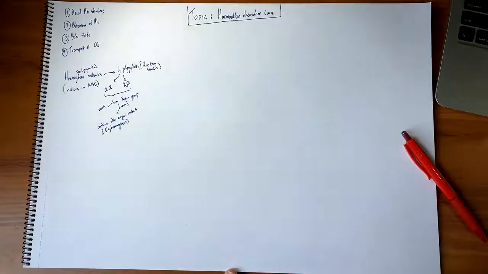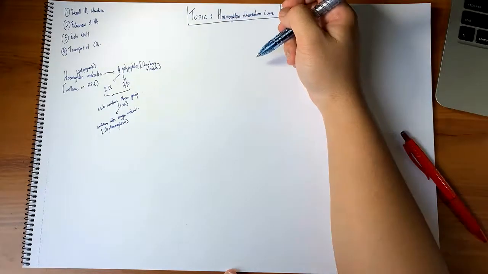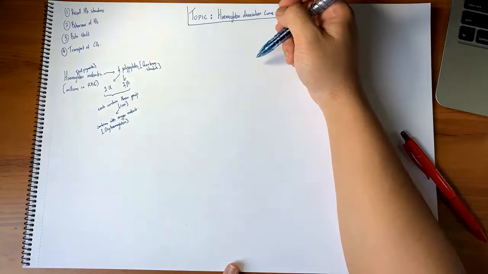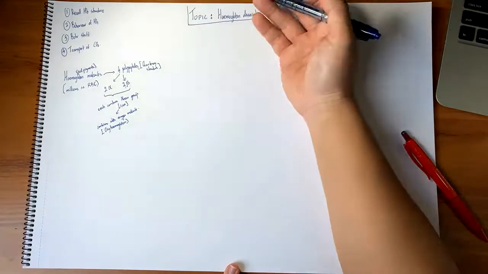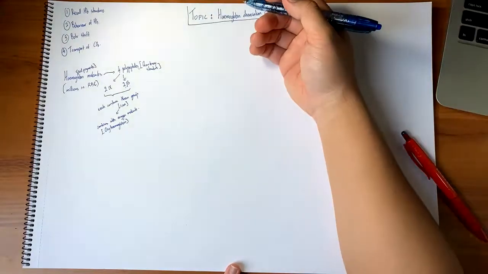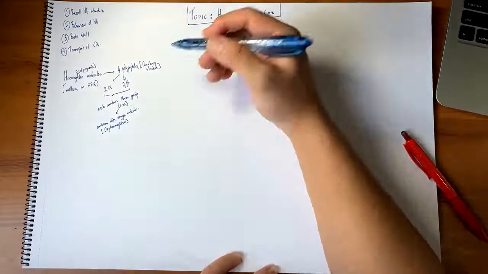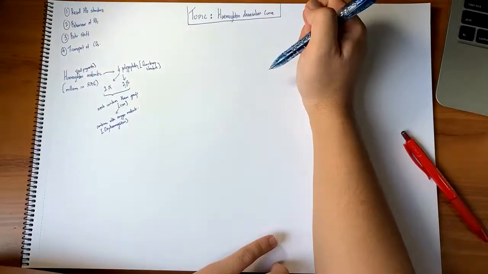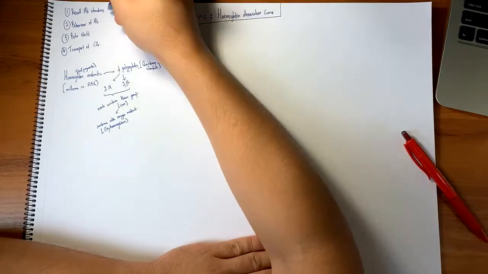And 4 oxygen molecules means 4 pairings of oxygen atoms. In terms of atoms, it would be 8 atoms, but in terms of molecules, it would be 4 molecules of oxygen for each hemoglobin. And so this is about recalling the hemoglobin structure.